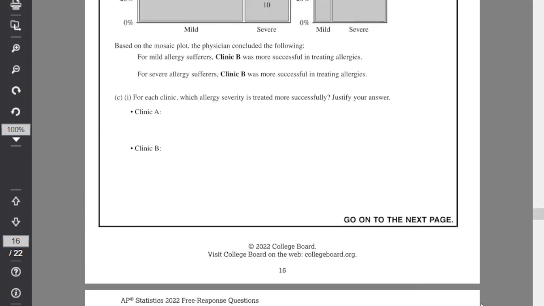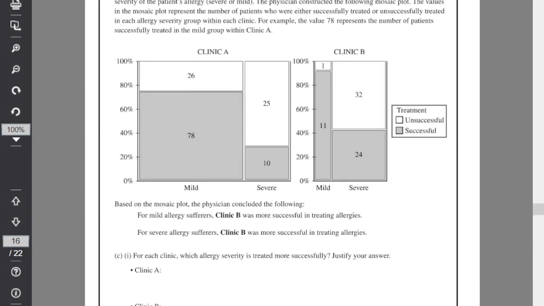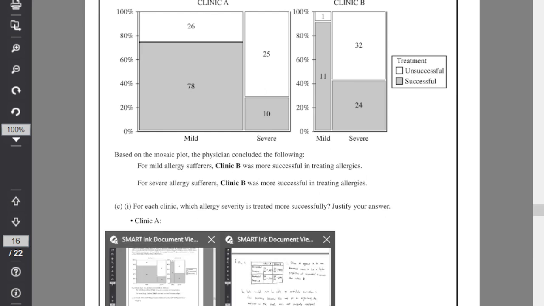In other words, between mild and severe, which one is treated more often at Clinic A, and which one is treated more often at Clinic B. I thought that was fairly unclear wording because I had to read it a bunch of times to understand what they were asking.